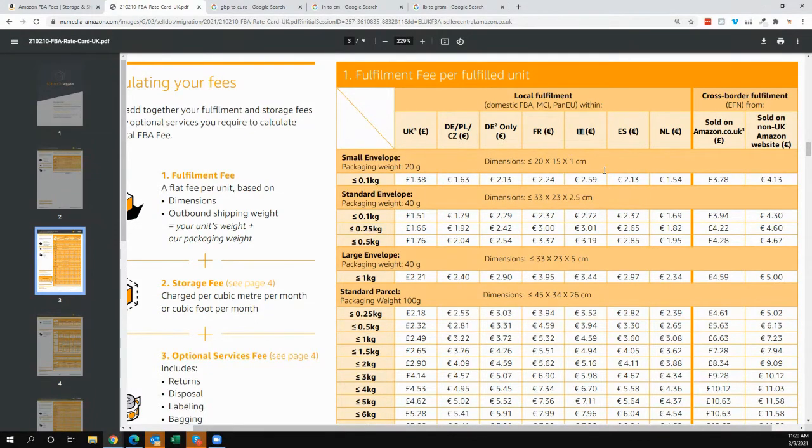This gets kind of confusing, so to keep this simple, I don't recommend most folks, especially to start off with, do pan-European. It's something you can grow into, and you'll understand these concepts because you have been living it. But if you're relatively new to Europe, I would just do local fulfillment.